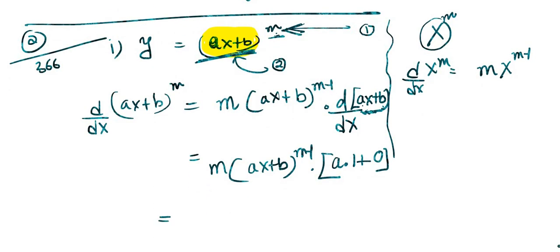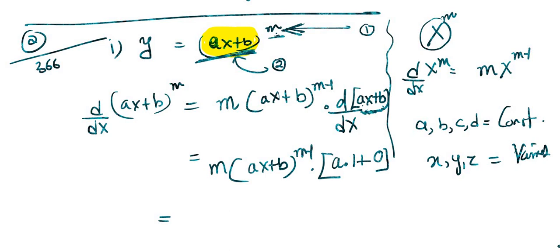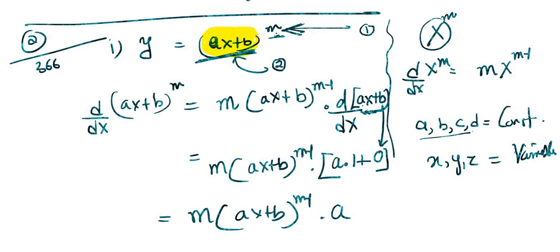Remember, in differentiation a, b, c, d we consider as constants, always remember. And x, y and z we treat as variables. So always remember a, b, c, d are constants. That's why the derivative of b is 0. So the answer is m times (ax plus b) power m minus 1 into a.